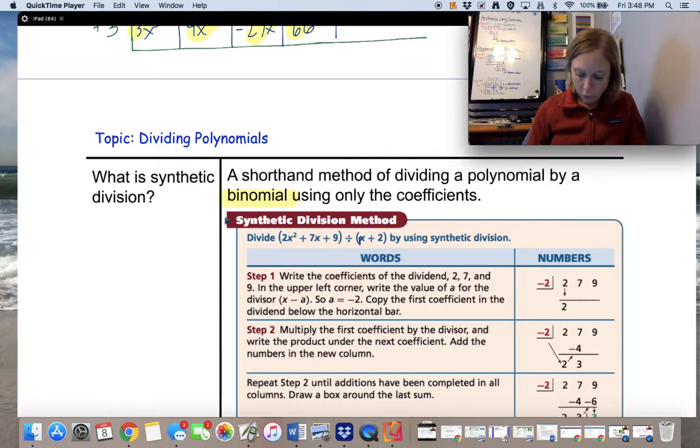So you will only see just an x plus something, an x minus something in your divisor. Now, if you have a division problem that fulfills those two things, you can use the shorthand method. So we'll read through the steps together and then look at the example of it on the right.